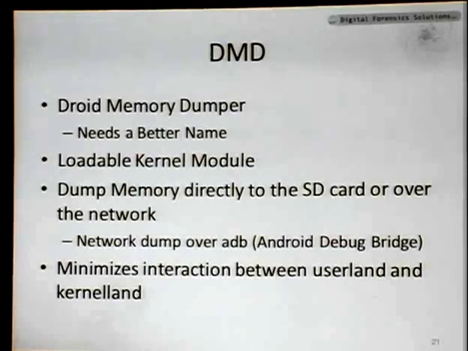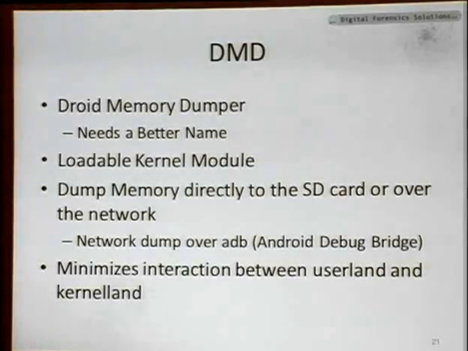You can do it through the Android debug bridge over USB. The goal for DMD is to minimize this interaction between userland and kernel land. We want to handle all the lookups in kernel. We want to know which addresses we have to read from, and we want to do all the writing from kernel land. That way we're not perturbing memory as we go.